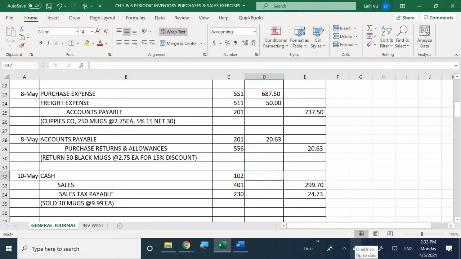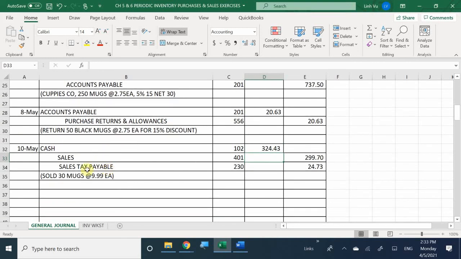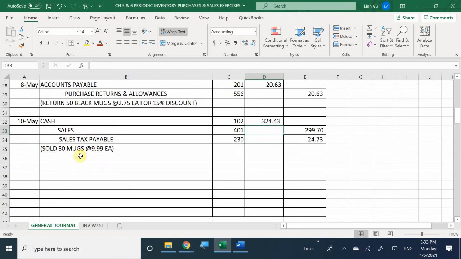So how much cash am I actually receiving? $324.43. Very good. Right. So that is my journal there. Okay.